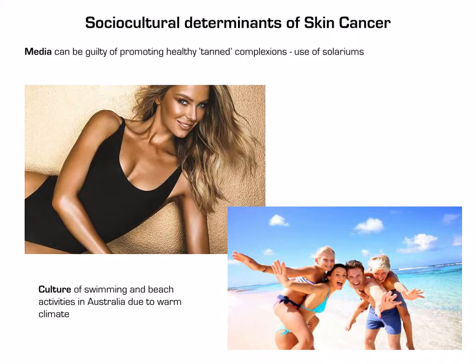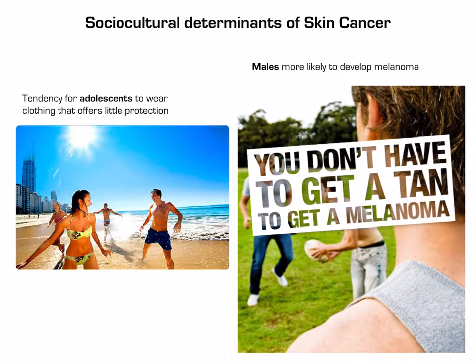We also live in a country that has a warm climate, that has a great affection for the beach and surfing, and sometimes this can predispose people to staying in the sun for too long. There is also a tendency for adolescents to wear clothing that offers little protection, and sometimes trends and fashion may impact on what adolescents wear.